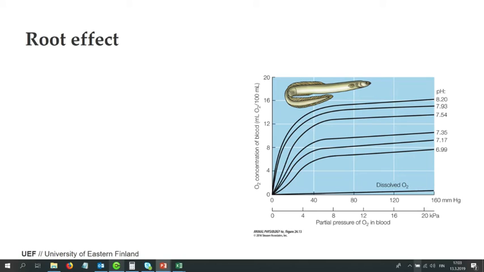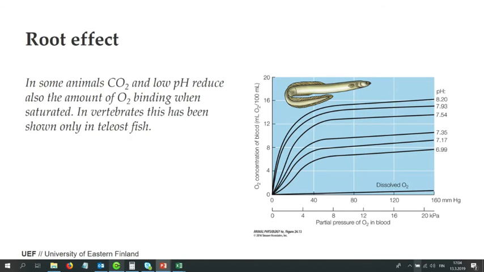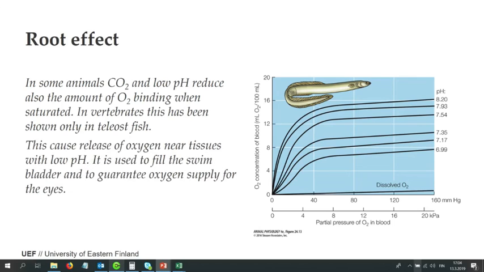Okay, besides the Bohr effect, we have a root effect. But it's good that it only affects some animals, so that's why it's easier to forget. In vertebrates, it's been shown only in teleost fish. And this causes not only the sensitivity or the binding affinity for oxygen to be modulated by pH and carbon dioxide, but also the total amount of oxygen that can be carried.